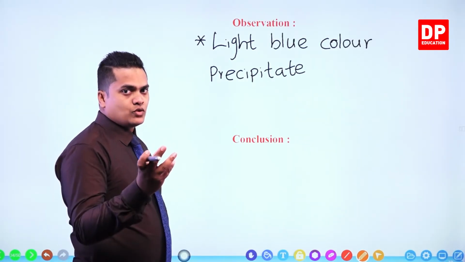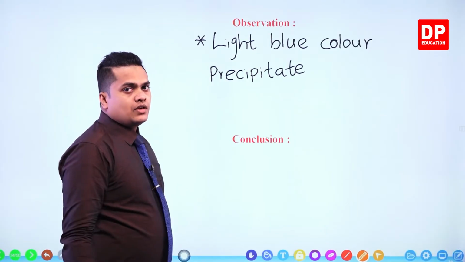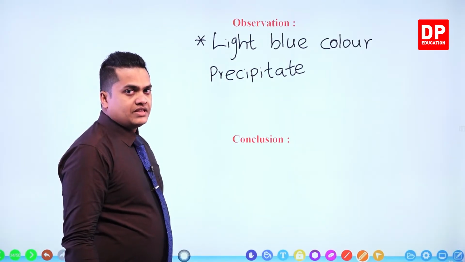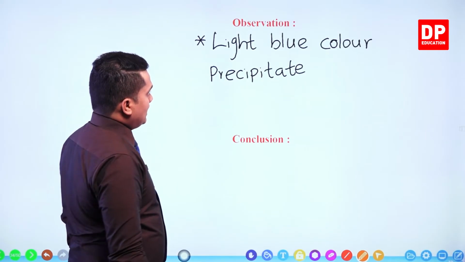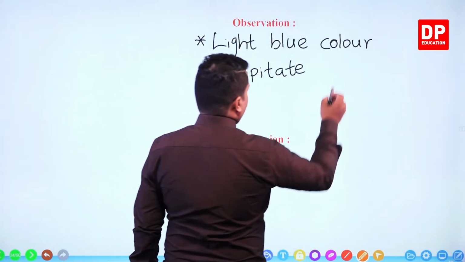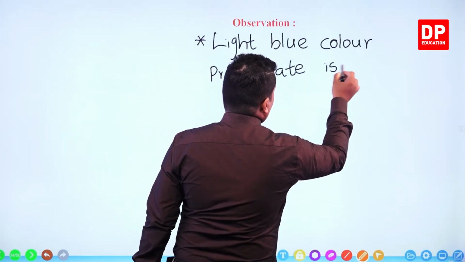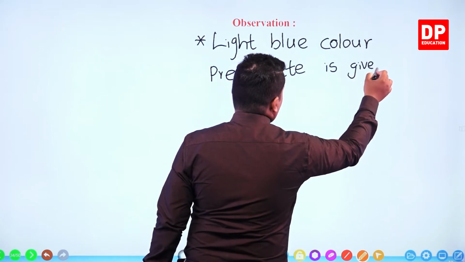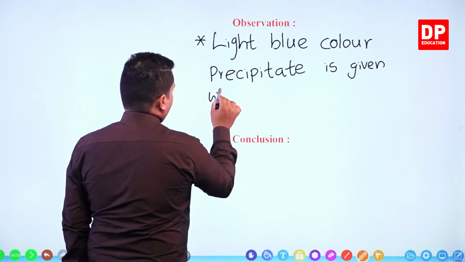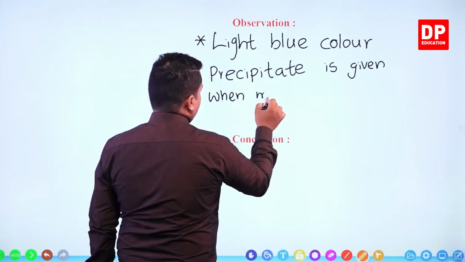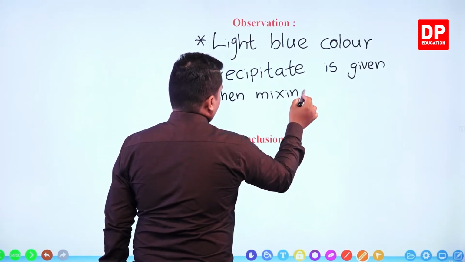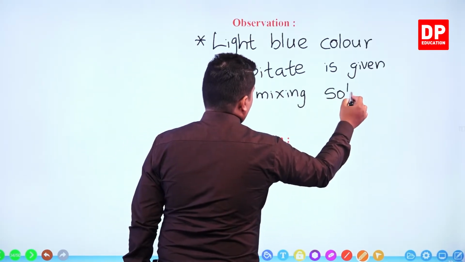Precipitate means that dust or those kinds of particles which occur within the system. So a light blue color precipitate is given when mixing solutions together.